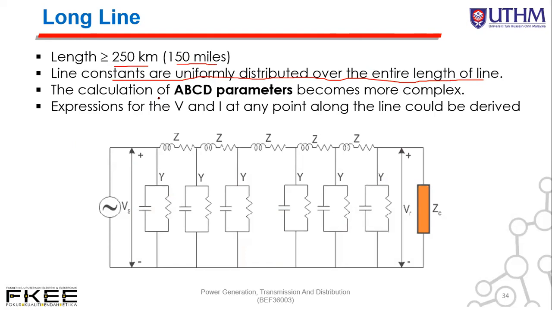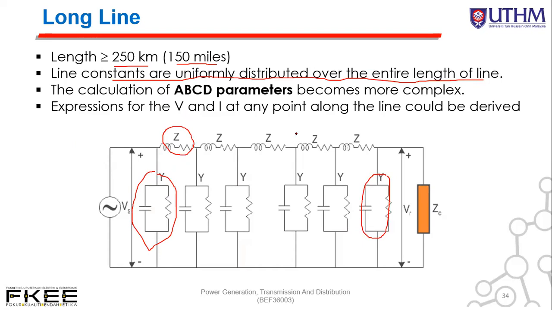Okay, when we look at the case of the medium line model, we have only one impedance, same as the short line model, and we add the capacitor at the sending end and also at the receiving end. That is for the case of the medium line model.